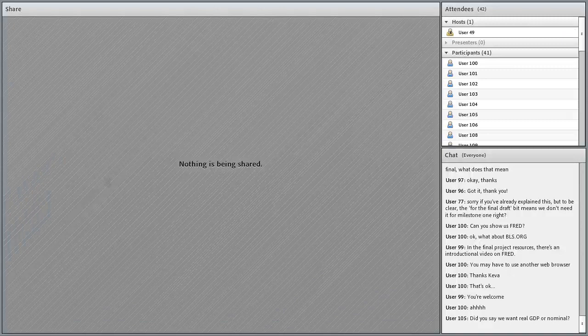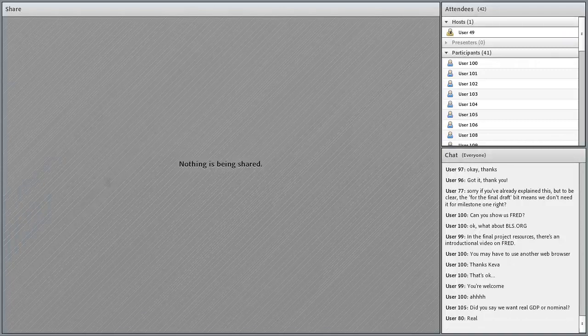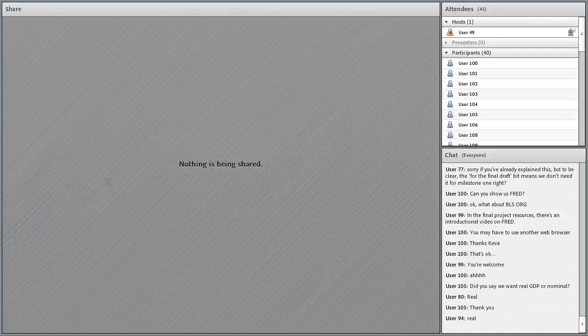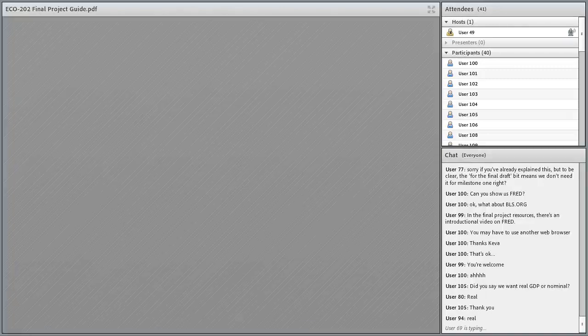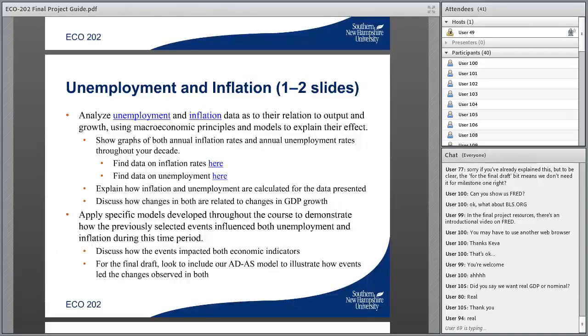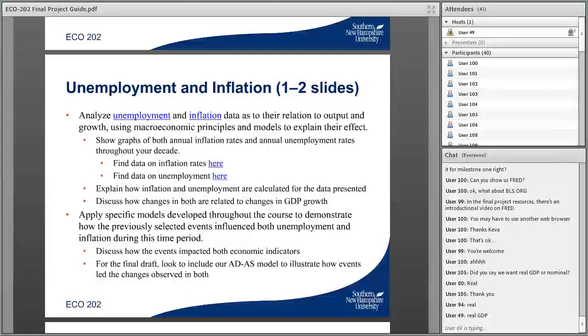So I am not able, until I get rid of everything. Let me see if now I can, there. Let's see if now I can share my screen. No. Okay, it's not happening tonight. I will have to go back on my settings and change something. Sorry about that, guys.